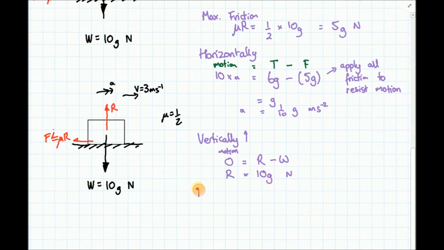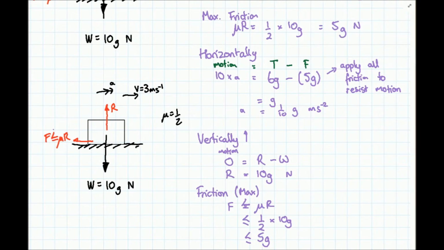This leads me to my friction maximum. So we get friction is equal to mu r, or less than or equal to mu r. So it's less than or equal to 1/2 times 10 g, which is less than or equal to 5 g.